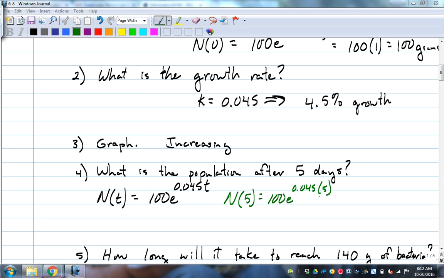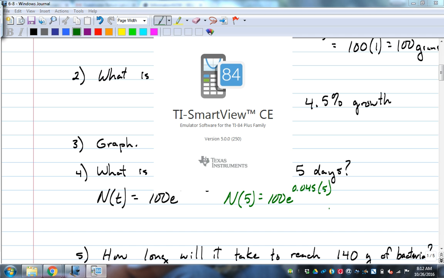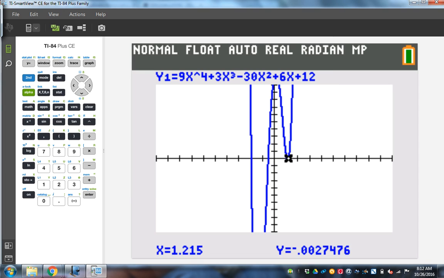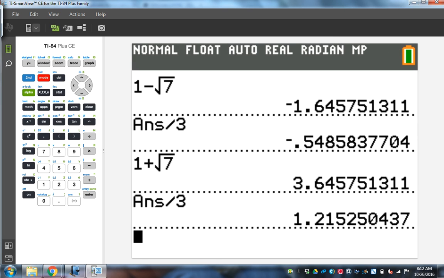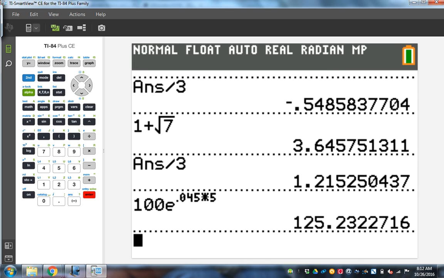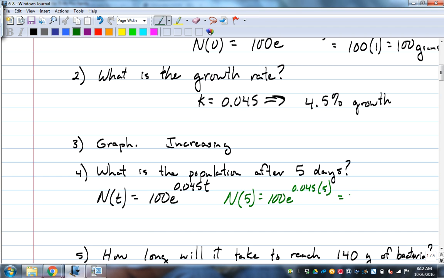Crank that out with a calculator, and we'll go 2 decimal places on this. 100 e to the 0.045 times 5 is 125.23 grams. g is the abbreviation for grams.